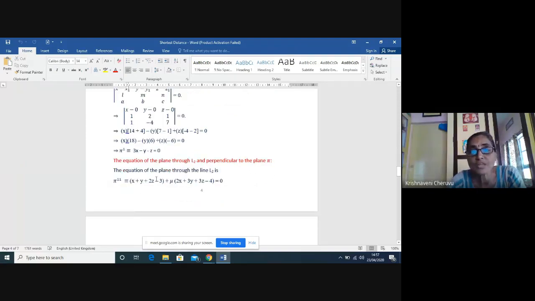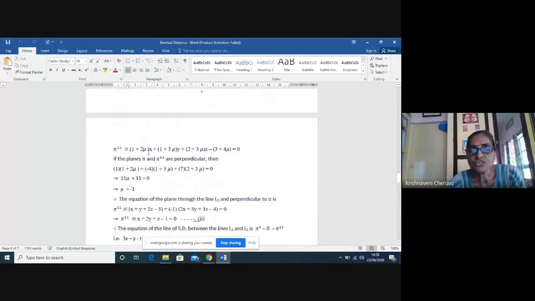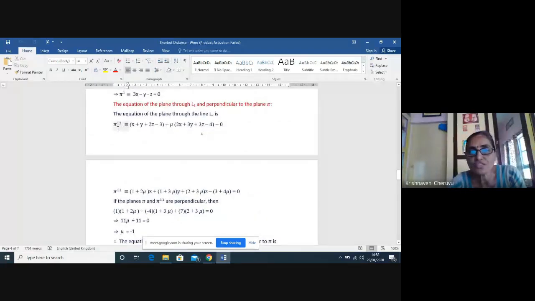Now you are finding the equation of the plane through the line L2 and perpendicular to the plane pi. So similarly, the equation of the plane through the line is this formula, girls. And any plane should be written like this: ax plus by plus cz plus d is equal to 0. This is the plane through the line L2, and this plane has to be perpendicular to the plane pi.